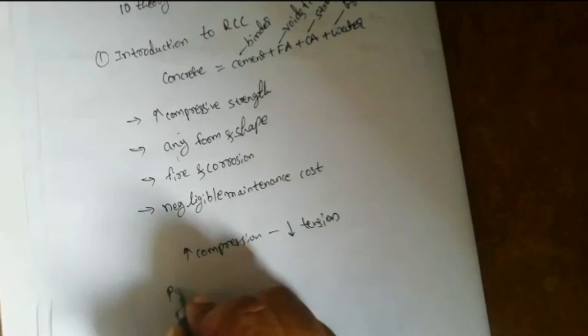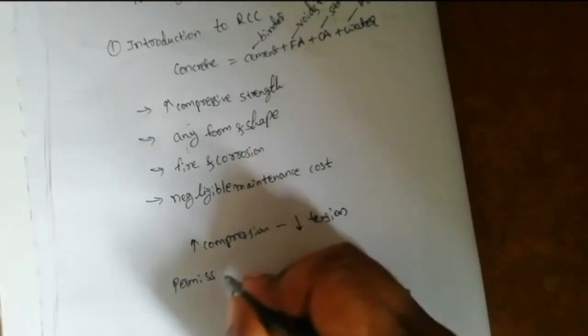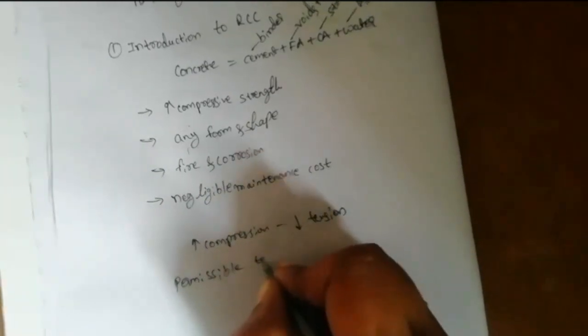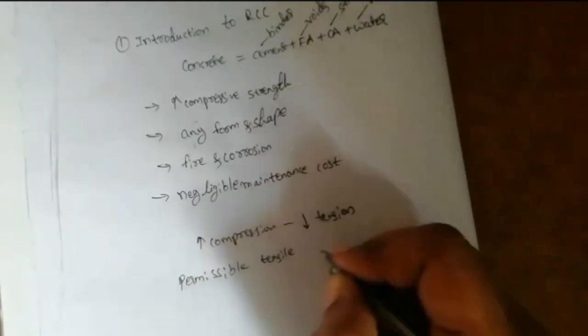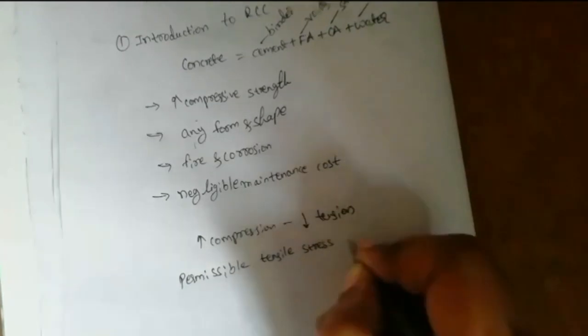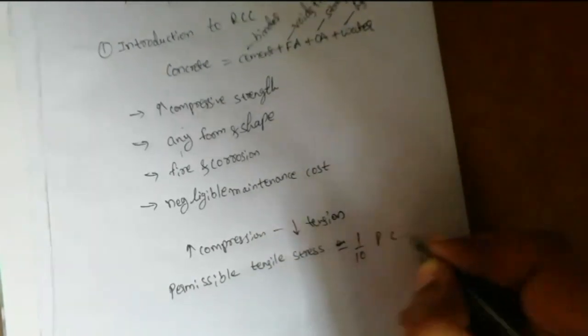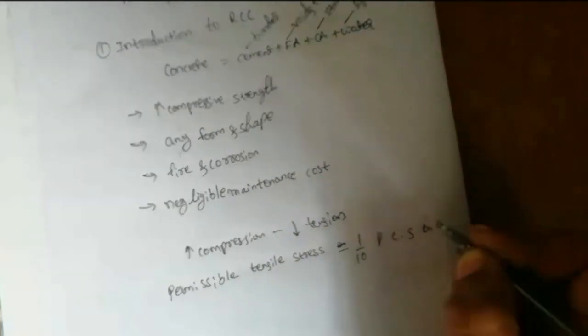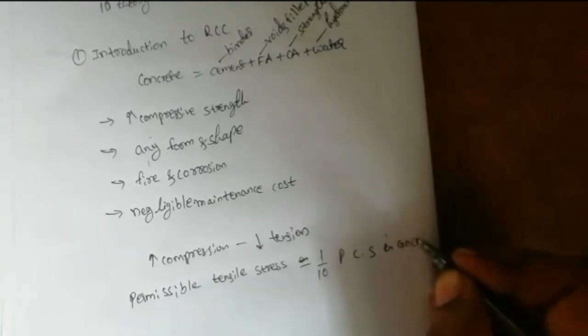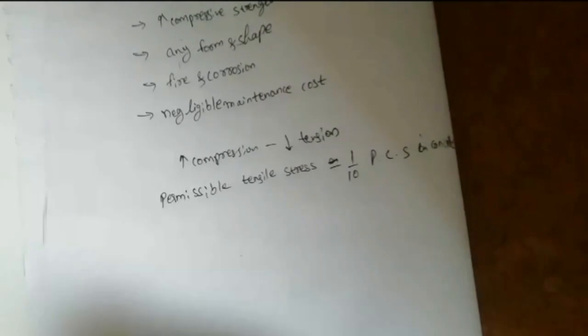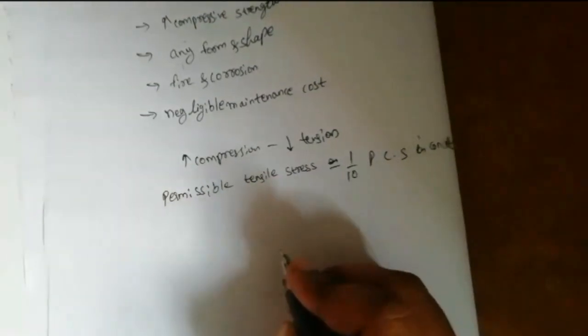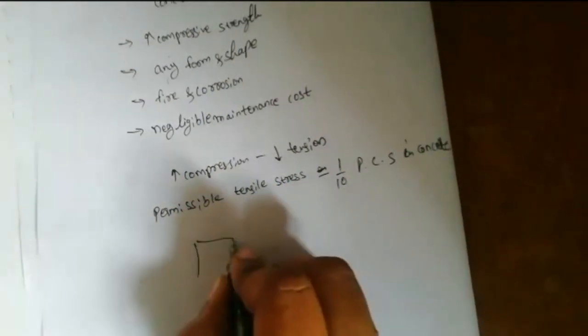The permissible tensile stress in concrete is equal to 1/10 of the permissible compressive stress in concrete. Its low tensile strength is compensated by introducing steel reinforcement in the tension zone.